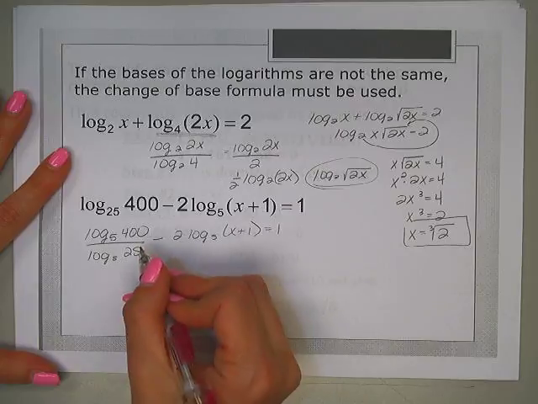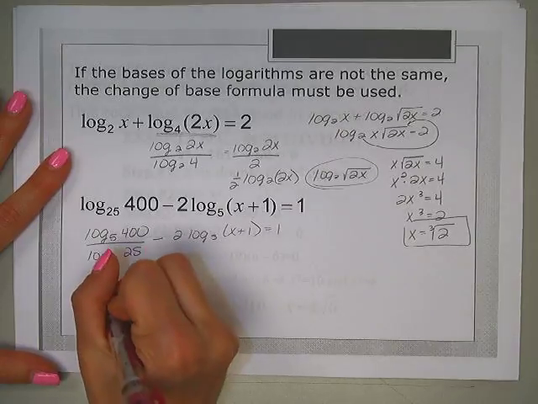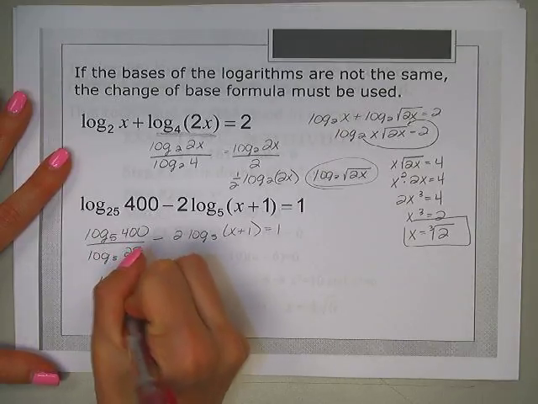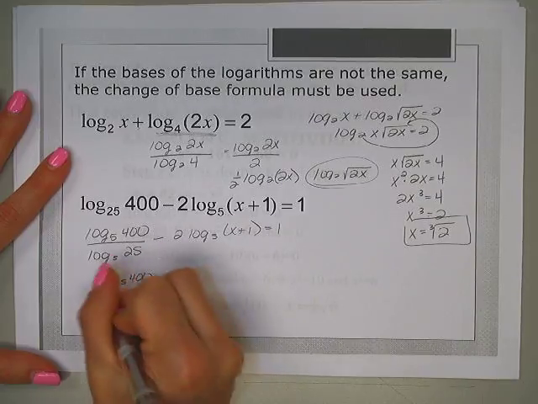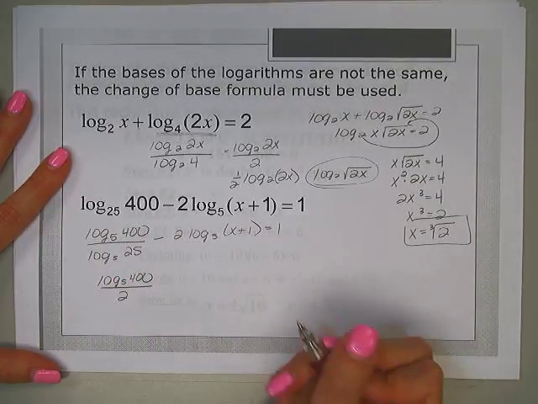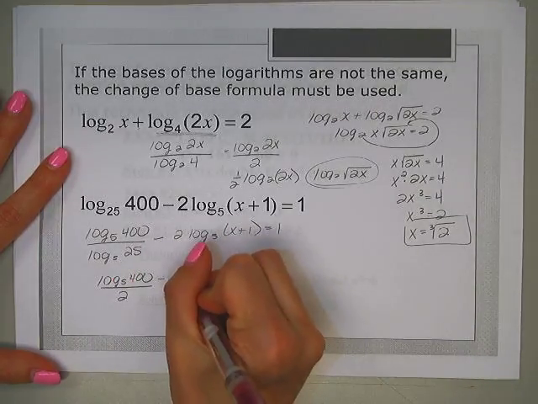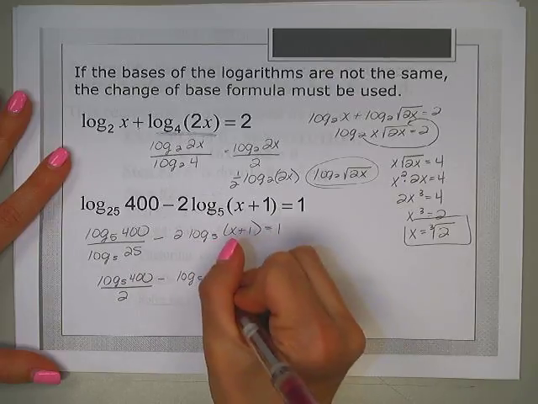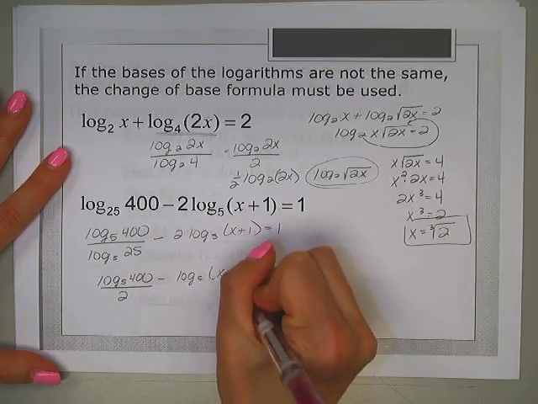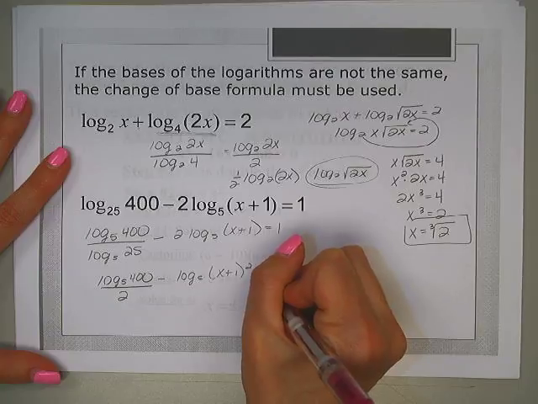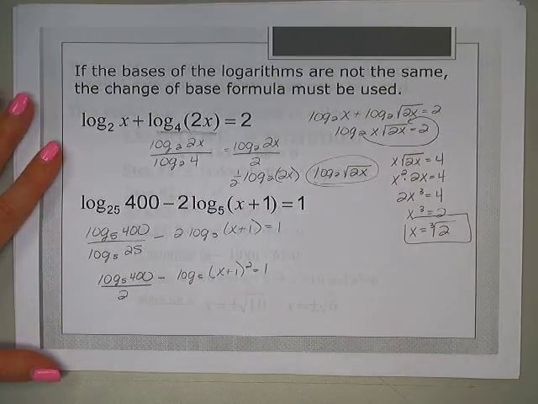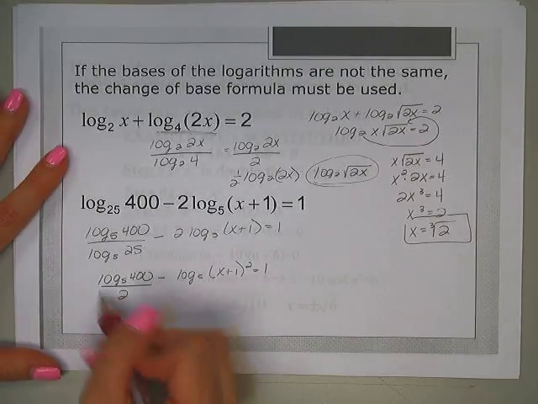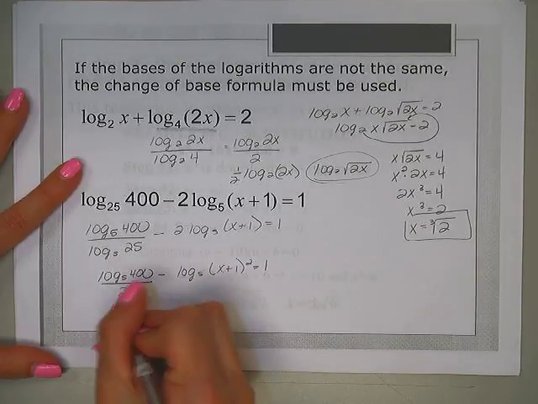I'm going to change these both to base 5. So I've got log base 5 of 400 over log base 5 of 25 minus 2 log base 5 of x plus 1 equals 1.